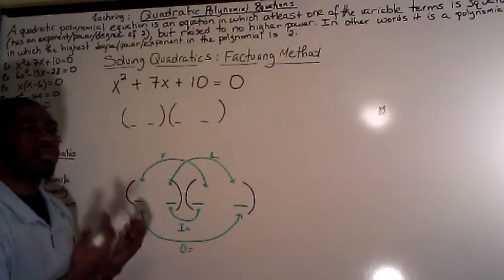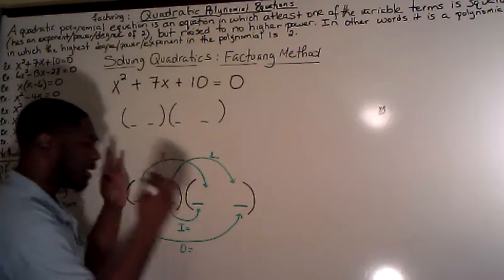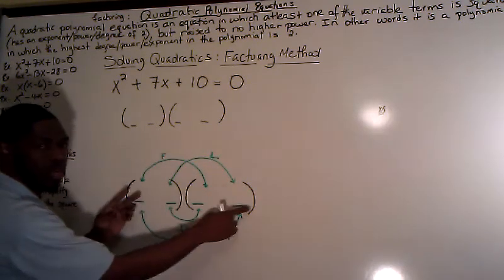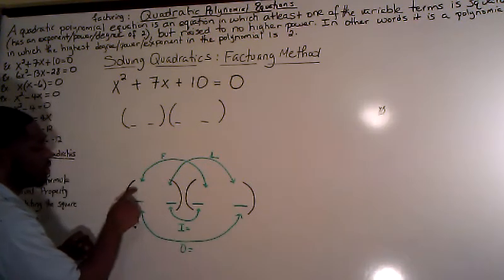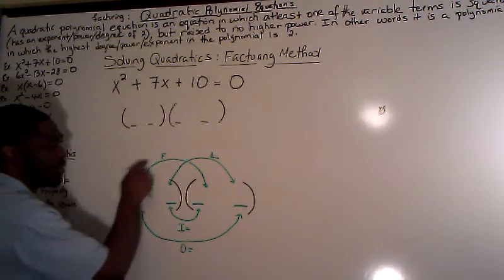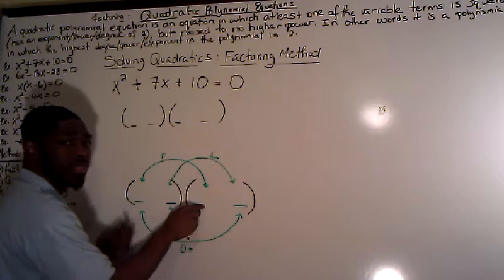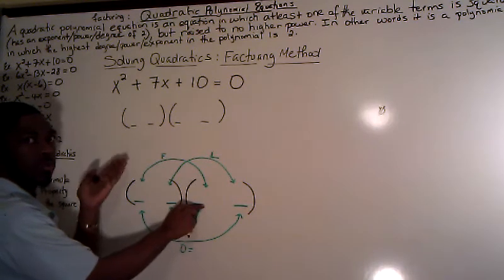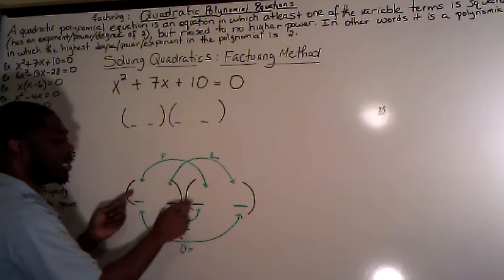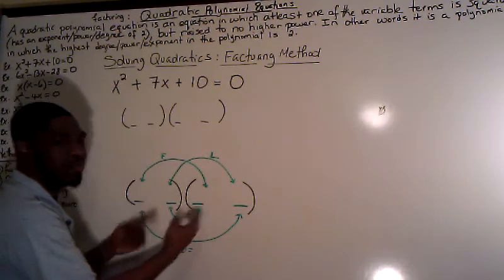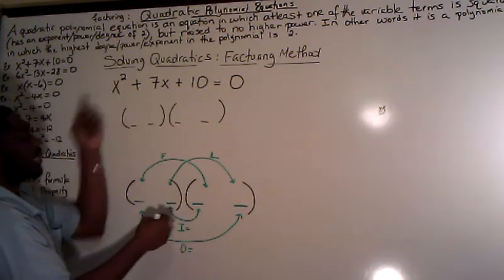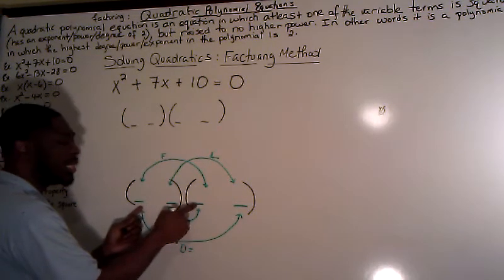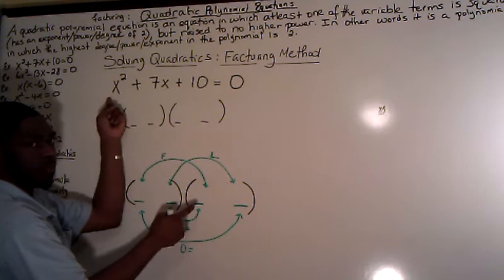So when you're thinking about factoring, let's look at when we had a situation where we had to foil binomials. We said when we multiply this term here with this term here, that was the first term of our resulting trinomial, which gave us, if this was an x here, an x squared term. You can see here that the first terms multiplied together is what gave us the first term here.